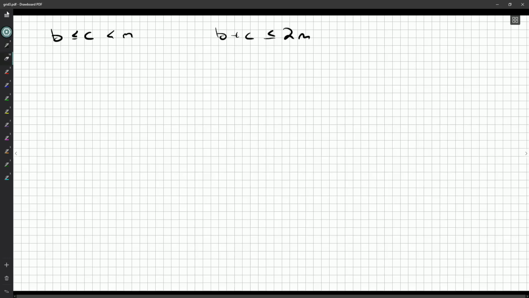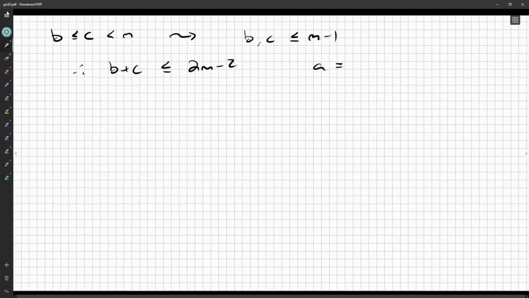Yeah. Let's stop using the strict inequalities. So B and C are both less than or equal to M minus 1. That means B plus C is less than or equal to 2M minus 2. So A, which is equal to 2M minus B minus C, is at least 2.